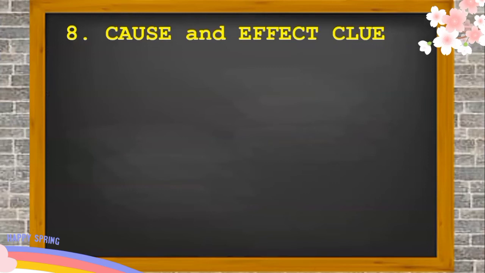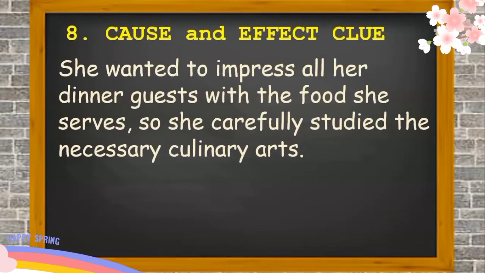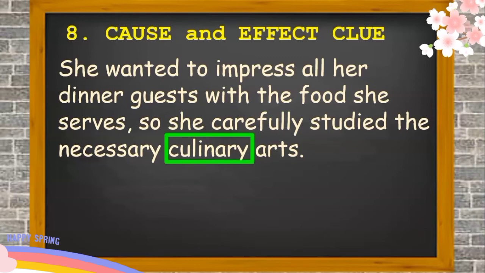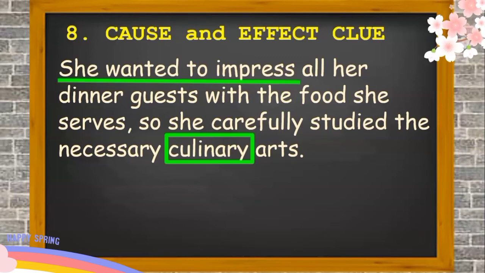Let us read. She wanted to impress all her dinner guests with the food she served, so she carefully studied the necessary culinary arts. The unfamiliar term here is culinary, and it is a part of the effect. The cause or the reason is that she wanted to impress all her dinner guests with the food she served.